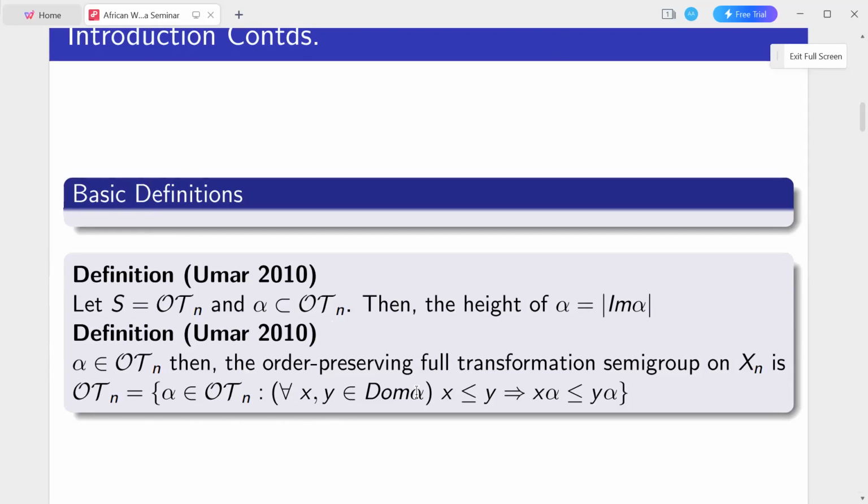A transformation is said to be order preserving when, looking at the domain of the transformation, for all x, y belonging to the domain such that x less than or equal to y implies x alpha less than or equal to y alpha. What we are saying here is that if the element x in the domain is less than or equal to y, then the element in the image must equally be less than or equal to y alpha. So x alpha and y alpha represent our images, while the ordinary x and y represent our elements in the domain.